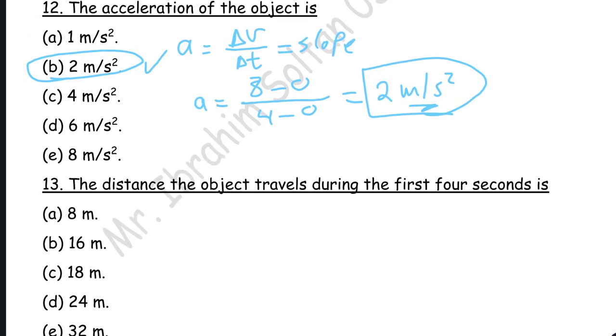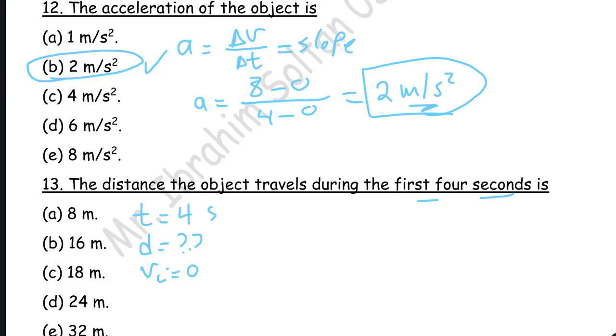Let's move to the next. The distance the object travels during the first 4 seconds. So we have t equals 4, and he wants to calculate the distance d. But we have v initial, guys. Don't forget v initial equals 0.